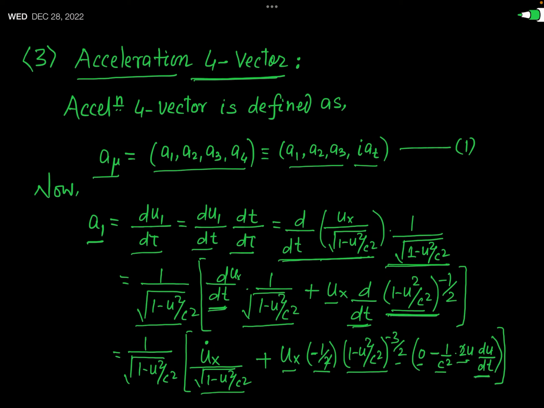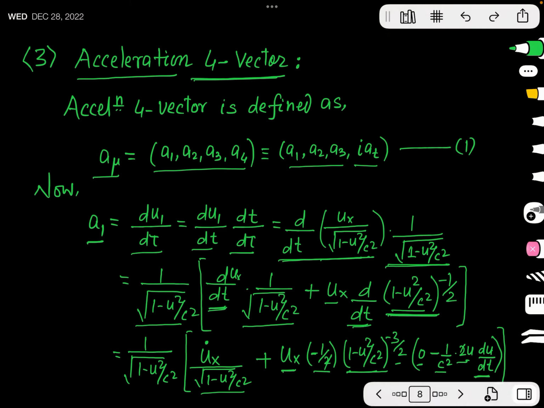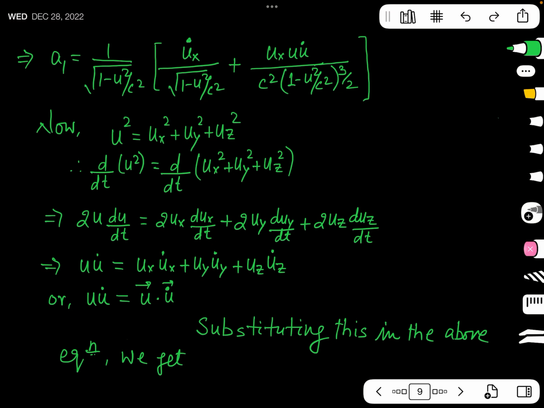Instead of du by dt, what will we write? u dot, and this is ux. So ux times u dot will be in the numerator, and in the denominator there will be 1 minus u square by c square to the power 3 by 2. Okay, so you can see this result here.